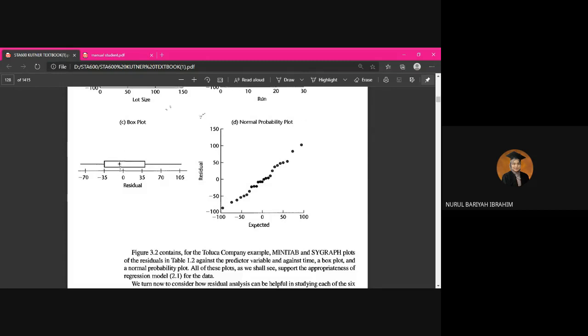So kalau ada tail ataupun dia punya whisker is longer, so that means that the distribution are skewed. Okay, kalau symmetrical, median ni berada di tengah-tengah. Okay, tapi dikatakan this box plot is not obviously skewed.